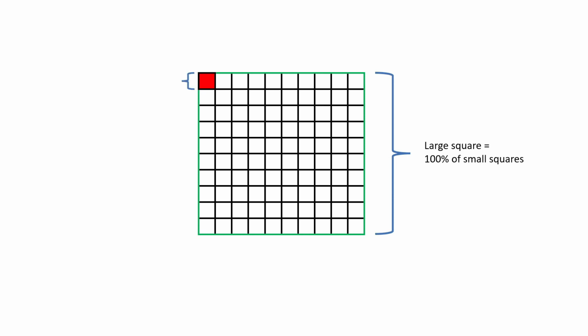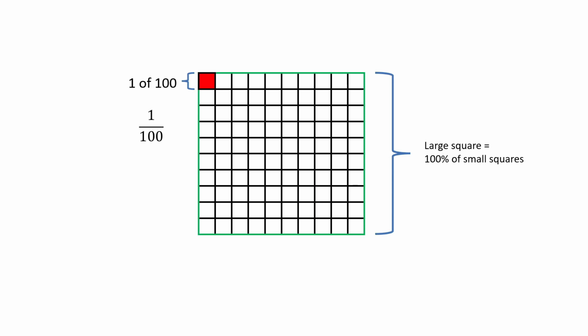What we need to understand when it comes to percentages is the value of each one of the small squares. This is a very simple demonstration, but here we can recognize quickly that each small square is one part of the 100 parts. 1 of 100. 1 over 100, right? 1 divided by 100.